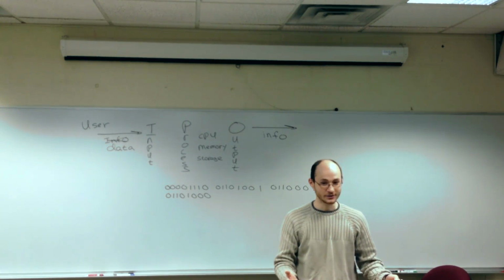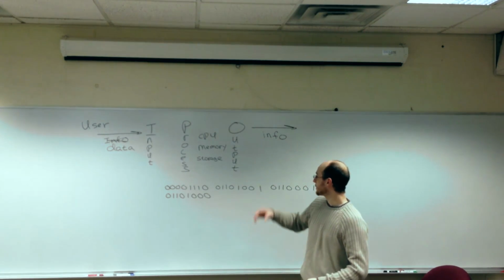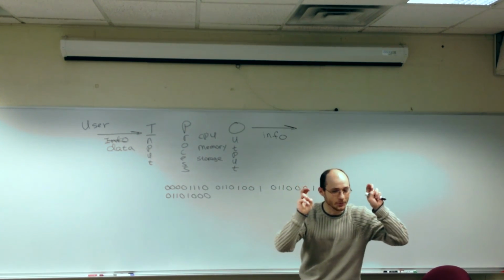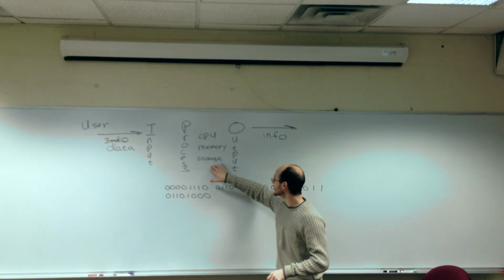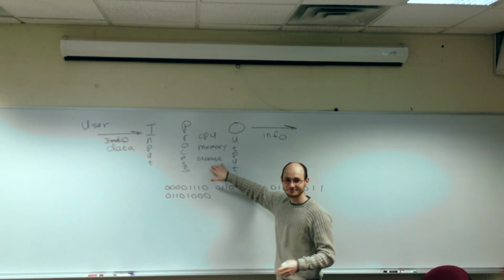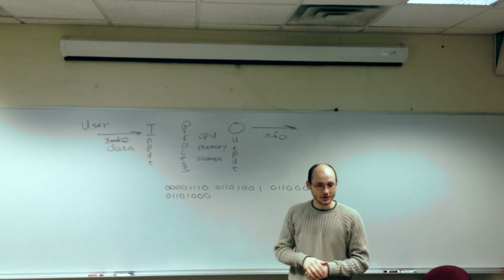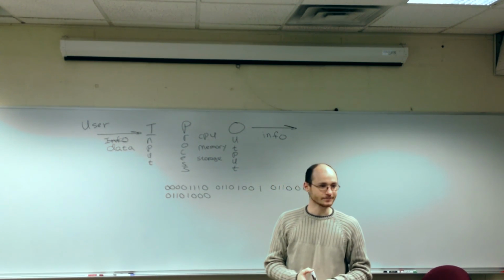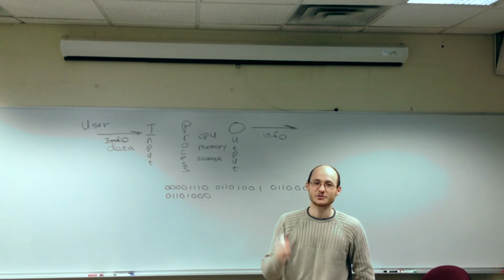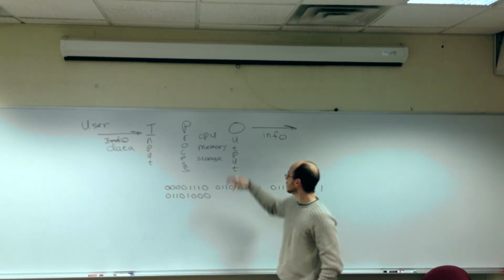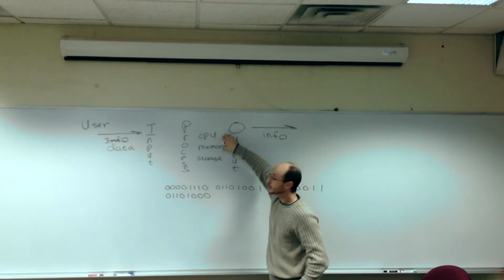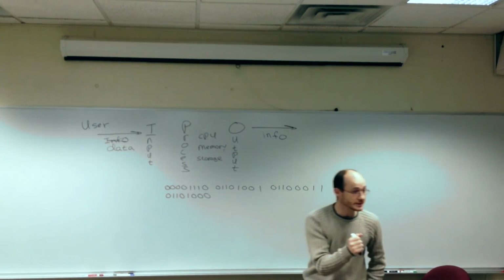A file is, I'll use this word permanent, with quotations, permanently stored data on your storage devices. Now, the reason why I use the word permanent is that when the power goes off, you're going to lose it here, because these two components use electricity.